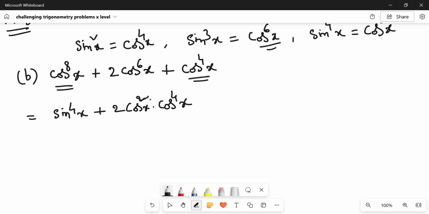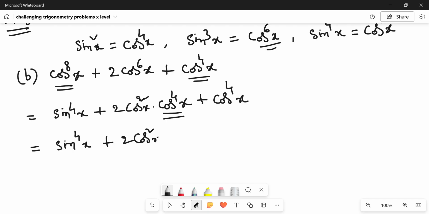Now the cos power 4x, let us replace with sin square x once again. So I have sin power 4x plus 2 cos square x sin square x plus cos power 4x.